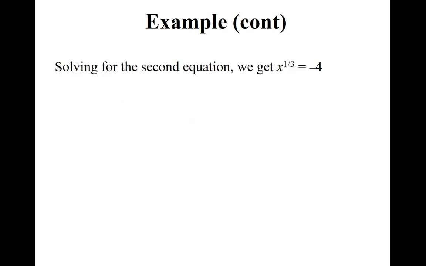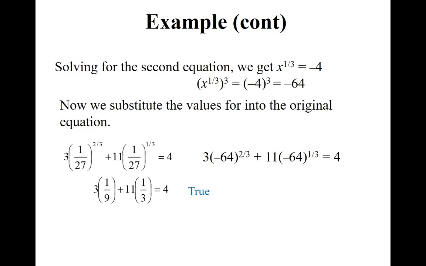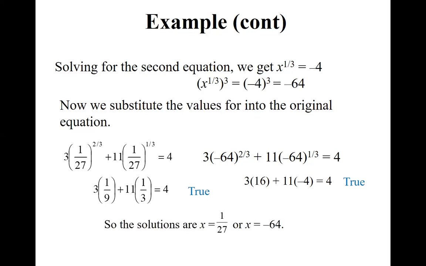The other equation, x to the 1/3 equals -4. Cube both sides to get rid of the cube root. -4 cubed is -64. If we substitute 1/27 back into the original, it checks. If we sub -64 back into the original, it checks. So our two solutions work. Again, I wouldn't blame you if you just hoped for the best.